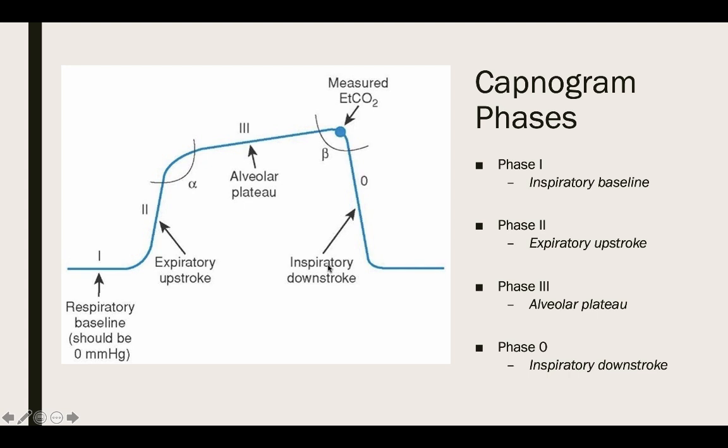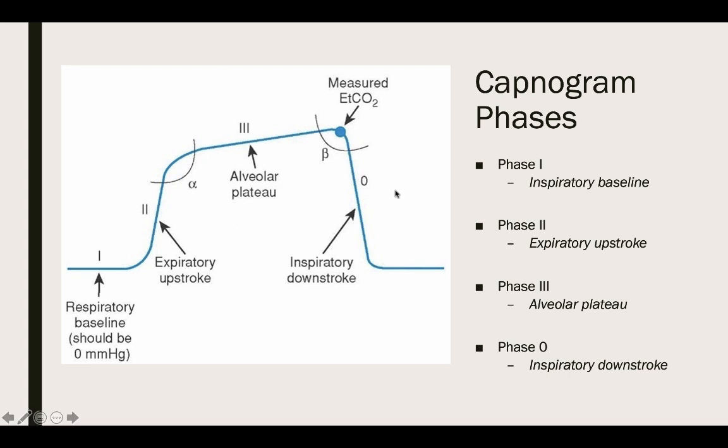Just like our action potential, we've got phase 0 and phase 1s and phase 4s, and it's just kind of weird. So we need to think about when we are exhaling CO2, because that's what this wave is doing. That's what this machine is doing, measuring carbon dioxide. So when it goes up, we've got some carbon dioxide measurement.